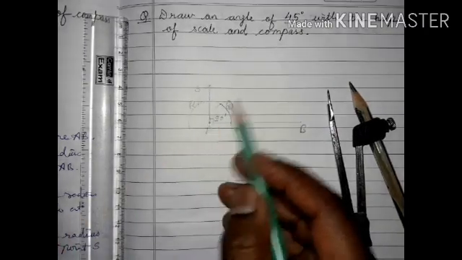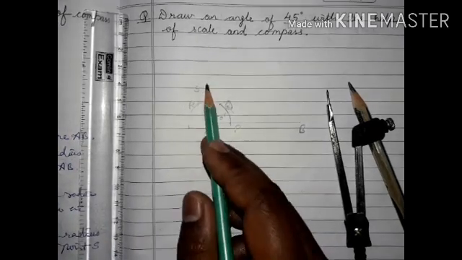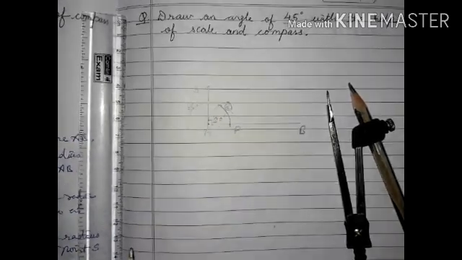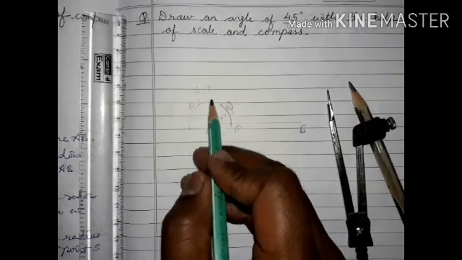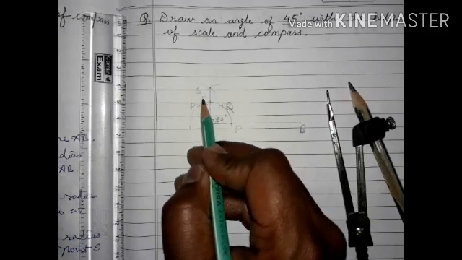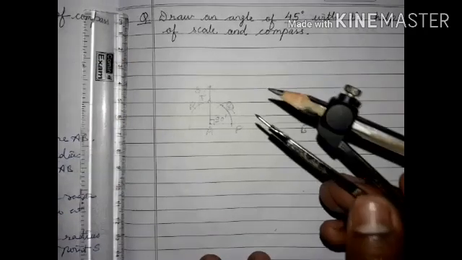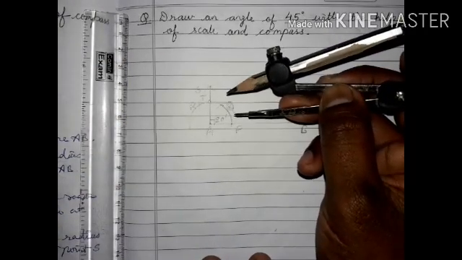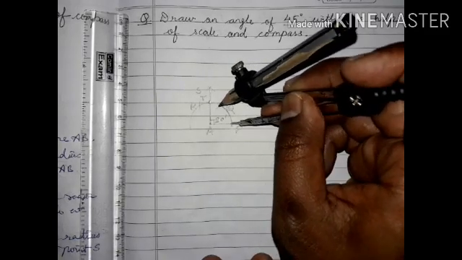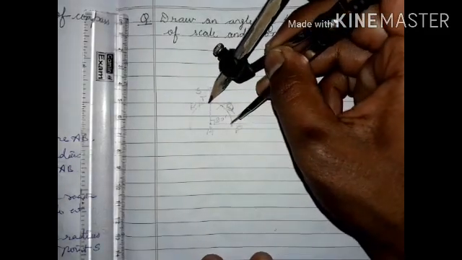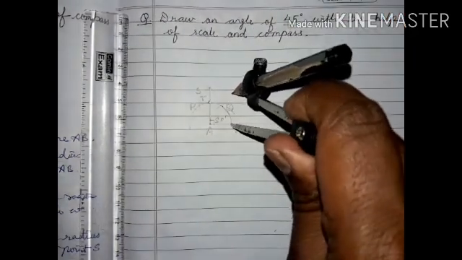Now we have to make 45 degrees. So when we join AS, this AS cuts the semicircle at point T. Now taking radius PT, we have to measure PT and draw an arc here.